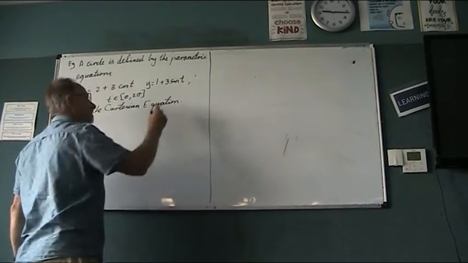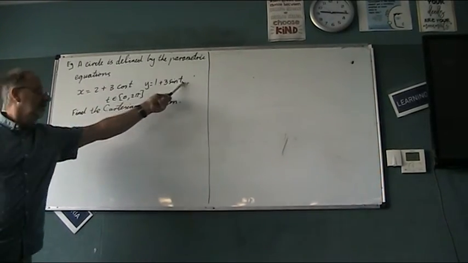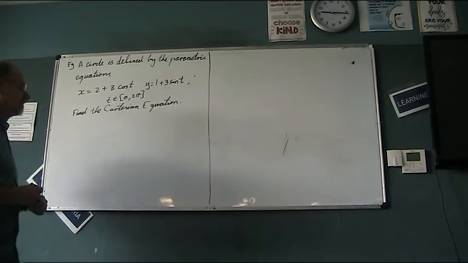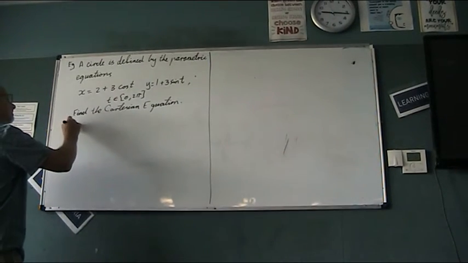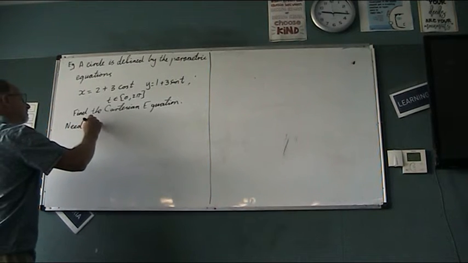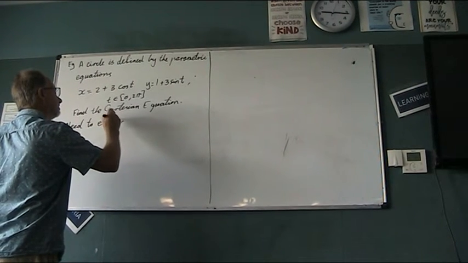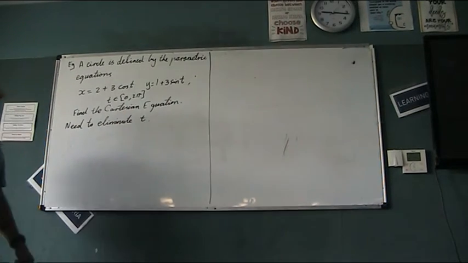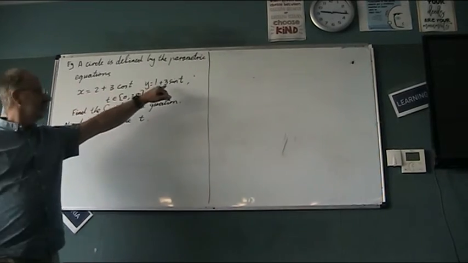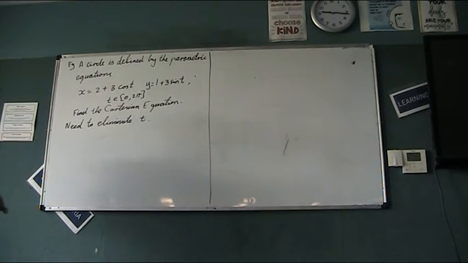So to find the Cartesian equation, what we need to do is eliminate the t, the time. Now, with this we've got sine and cos involved.